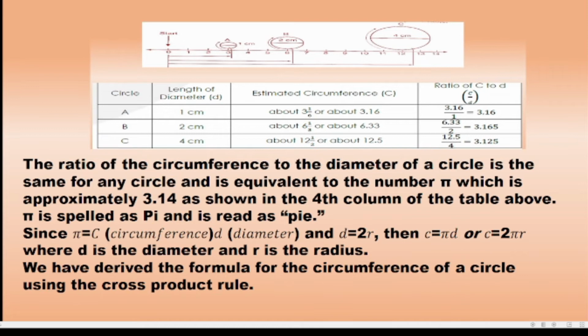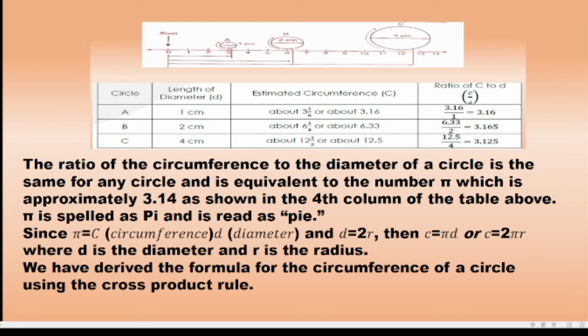So take a look again at our chart above. The ratio of the circumference to the diameter of a circle is the same for any circle and is equivalent to the number pi, which is approximately 3.14 as shown in the 4th column of the table above.